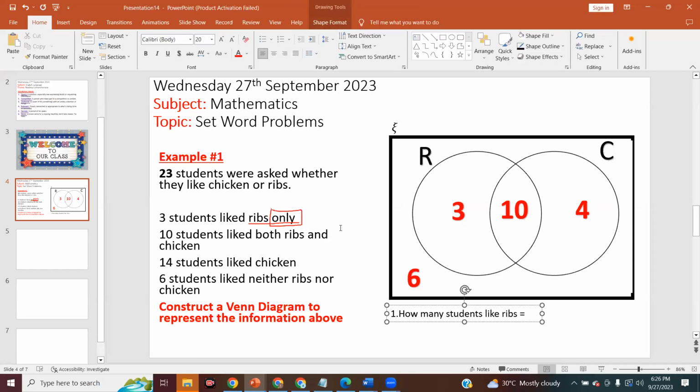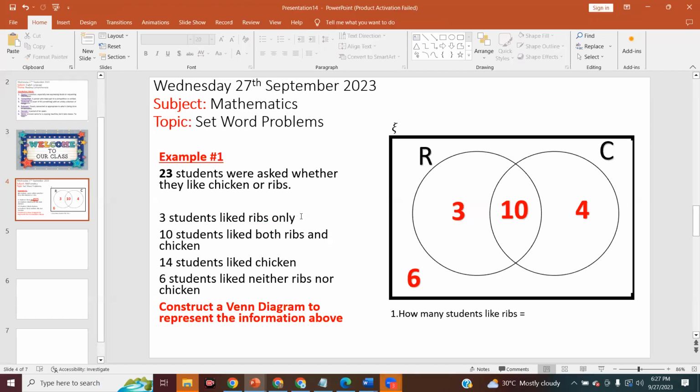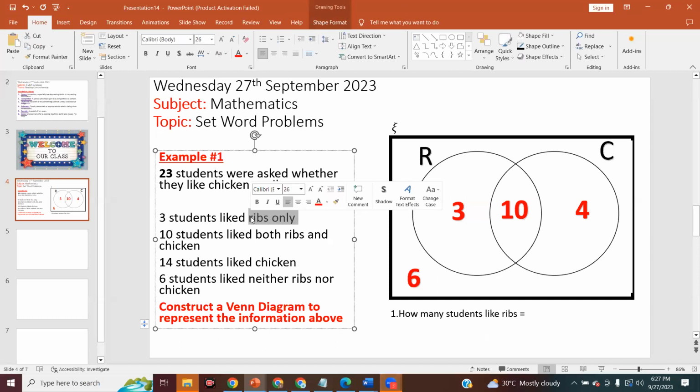Savannah, why you say 3? Because you said 10 and 3 got a share. So 3 students like ribs only, right?